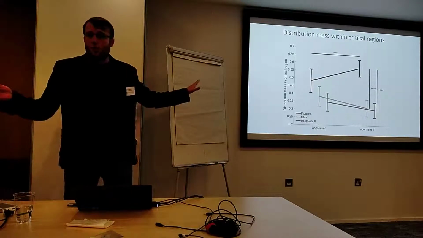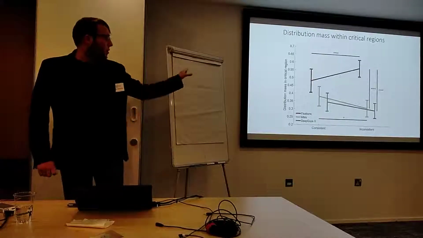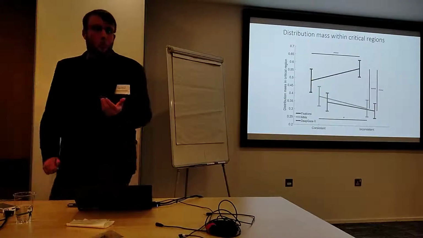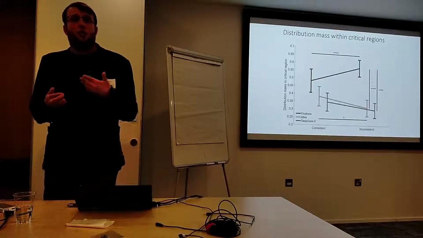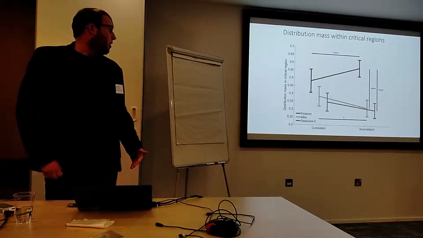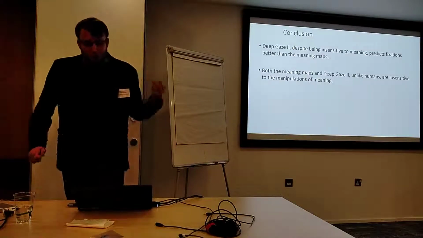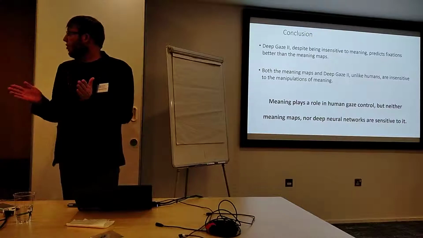They're completely blind to that. Even meaning maps are scoring slightly lower in the inconsistent condition. So this discrepancy shows us that manipulation of meaning affects human behavior, but not the behavior of DeepGaze 2 and meaning maps.